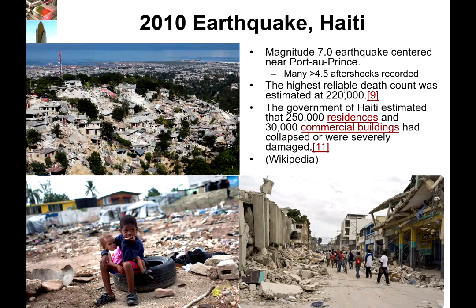And a lot of those deaths could have been avoided if buildings had been built to higher standards. The concrete cinder block construction that they use was not up for that large of an earthquake. So a terrible tragedy, driven by poverty and the inability to build buildings to a high enough standard.